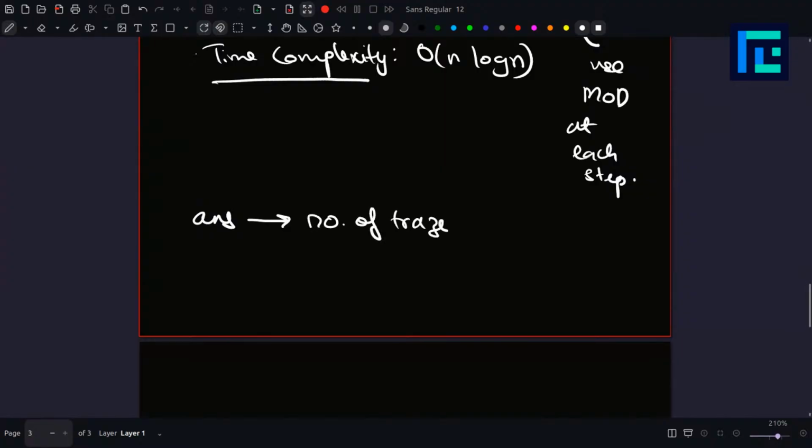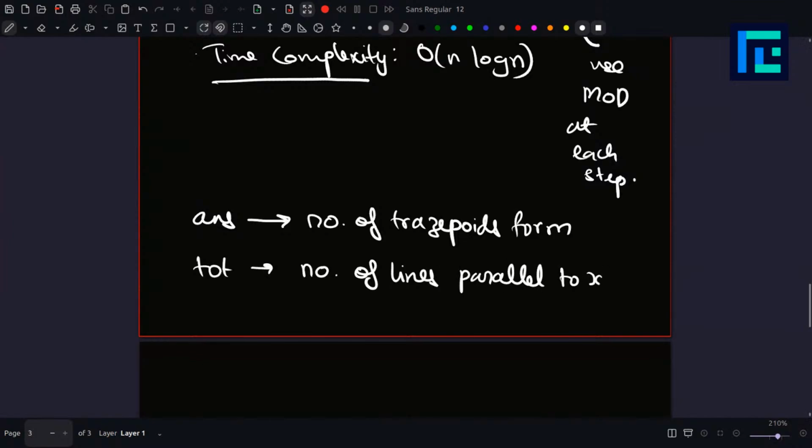And tot is the number of lines parallel to the x-axis below the current y coordinate.